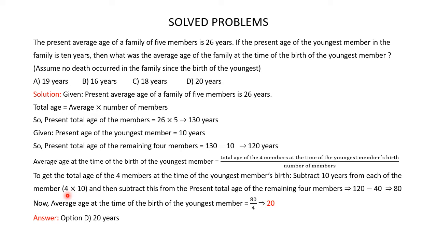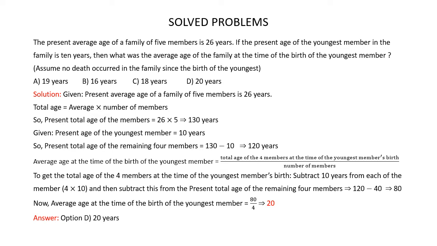That will be 4 multiplied by 10, that is 40. Subtract this 40 from the present total age of the remaining 4 members. That is 120 minus 40, which is 80. So 80 is the total age of the 4 members at the time of the youngest member's birth.